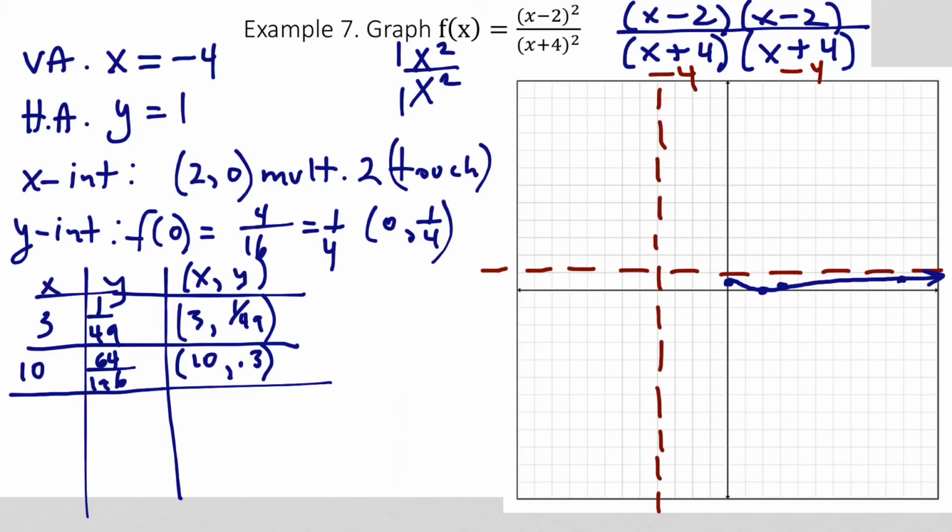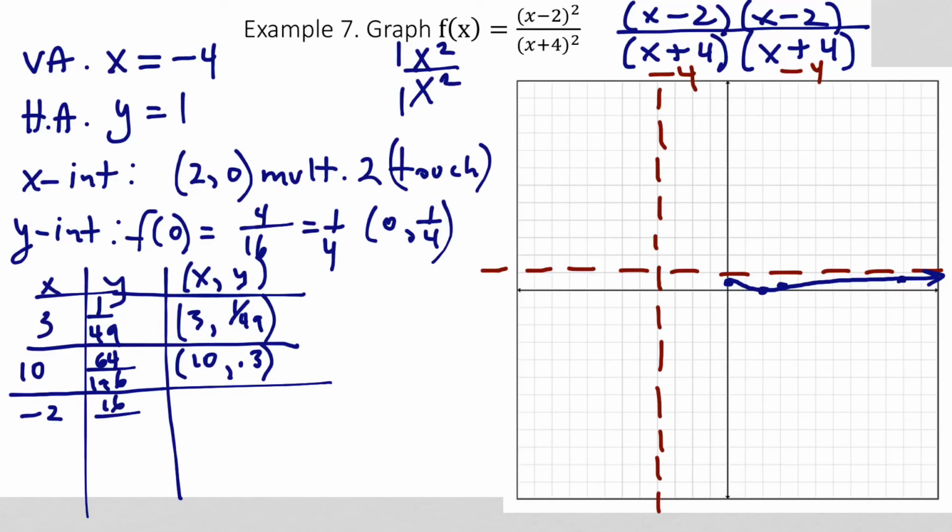All right, so let's test a point between the vertical asymptote and this axis line here. So let's test a point -2. So -2 minus 2 is -4. -4 squared is 16.